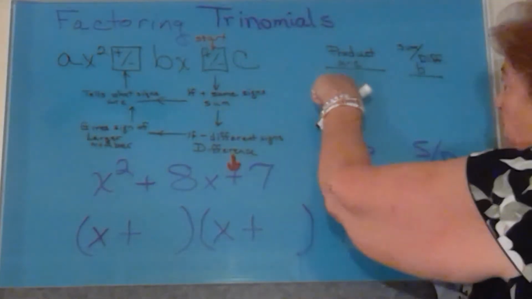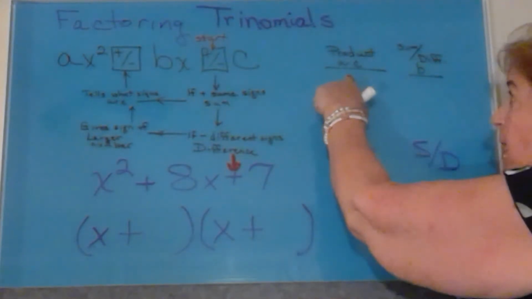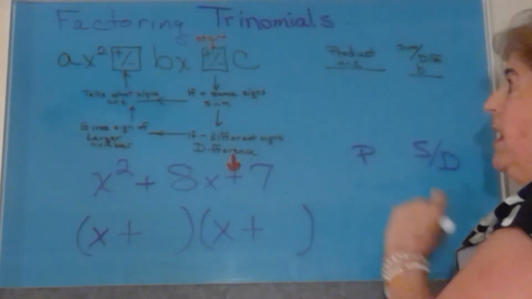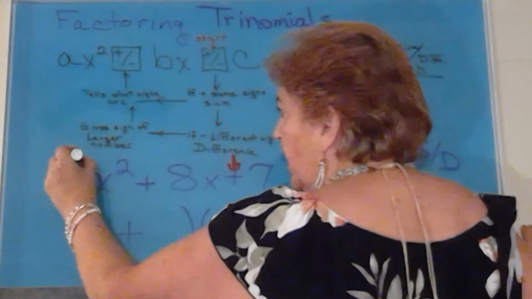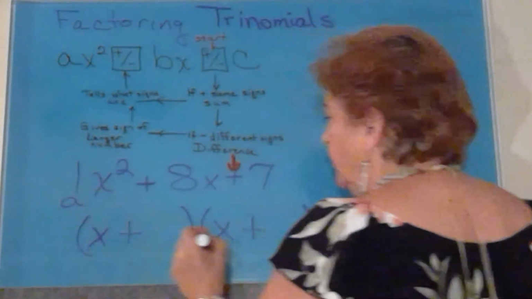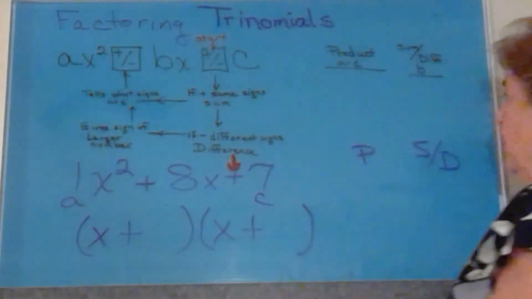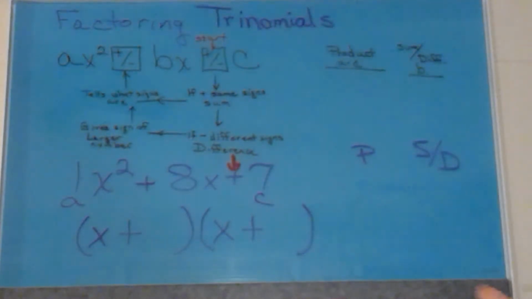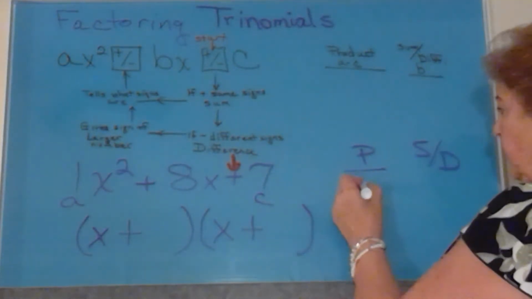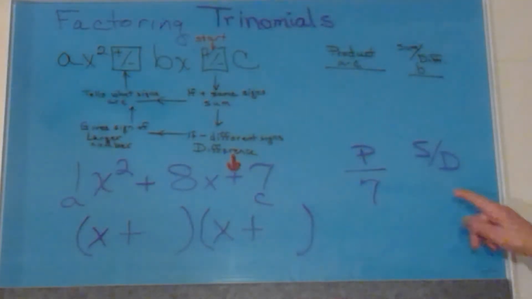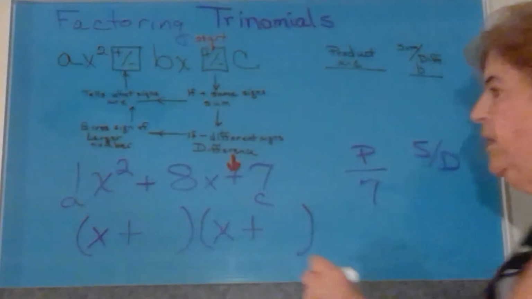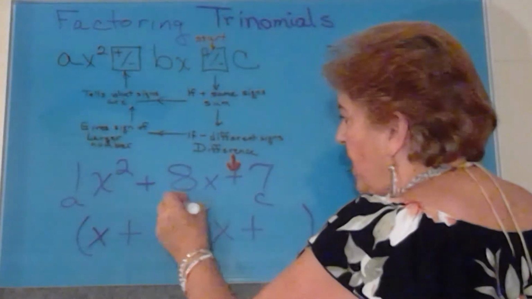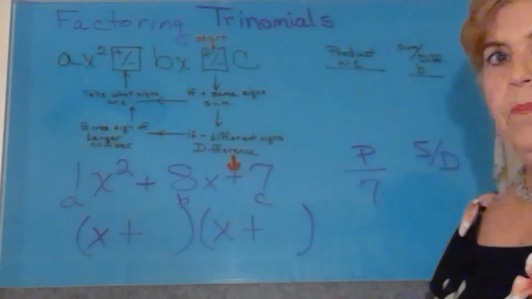You need a product that's the same as a times c. In this case, a is 1, c is 7. So I need a product that's equal to 7. And I need a sum or difference that's the same as 8.